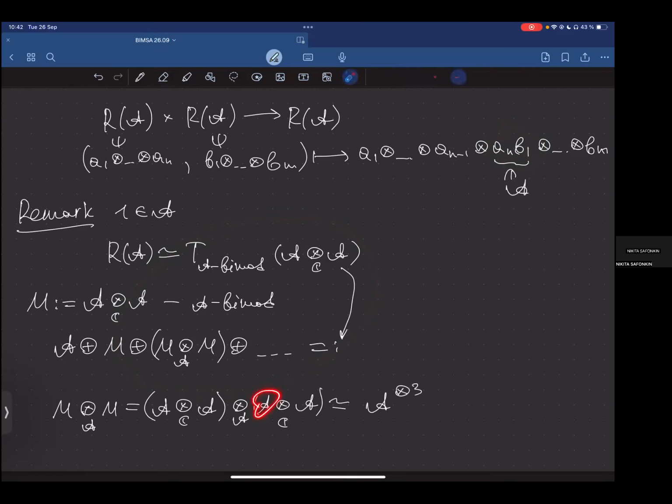Because we can take this element and put it here due to this linearity. And when we put it here, then we must multiply the element that was written here and this element. So this is the way this multiplication appears in this construction.